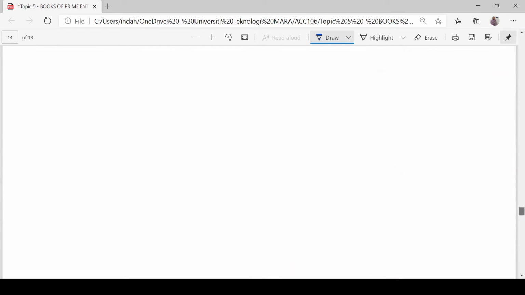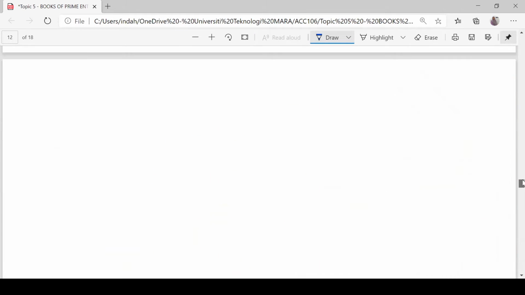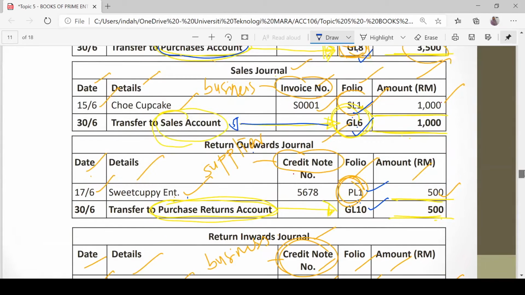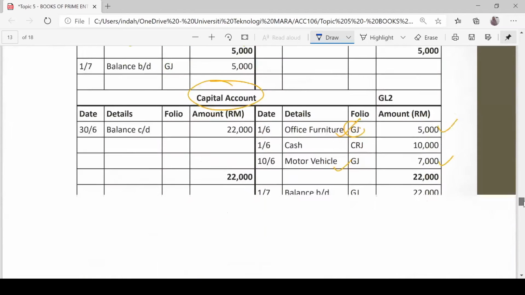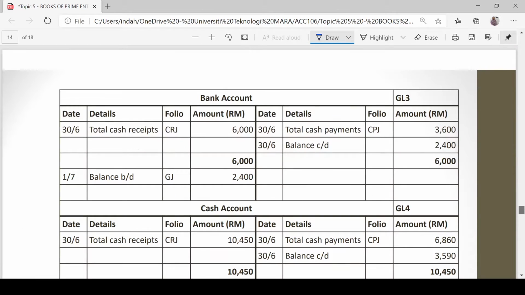Next, what about the total of return outwards? The total is 500, and then we assign GL10, which is the purchase return account or return outwards account. You may use return outward or purchase return.